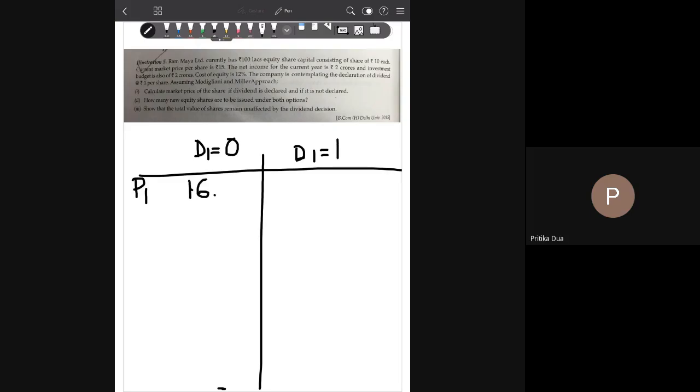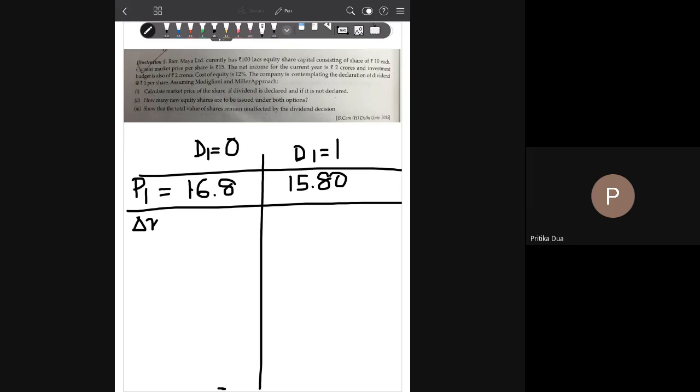16.8 when you are not declaring dividend, and when the dividend is being declared it is coming to 15.80. Now after this, the second step is that since the firm has some investment opportunity before it, we need to calculate the fresh shares that need to be issued to meet the fund requirement.